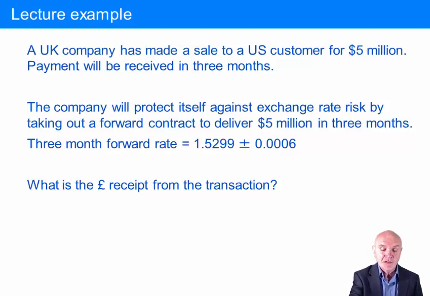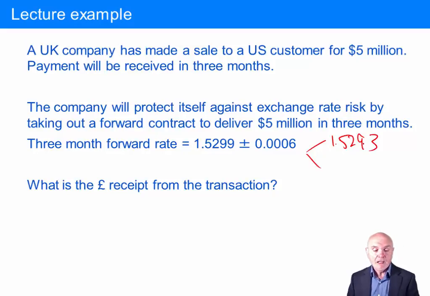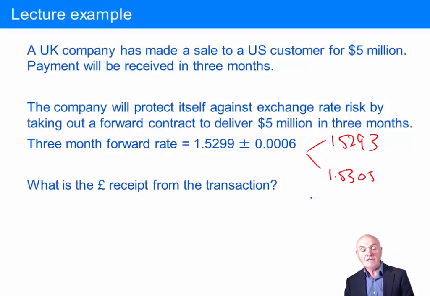And we can see immediately that the 3-month rate here, if we subtract that 0.006, we're going to get 1.5293, I think. If we add it on here, we're going to get 1.5305.